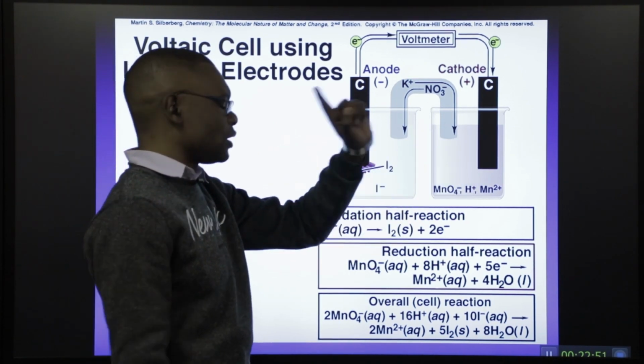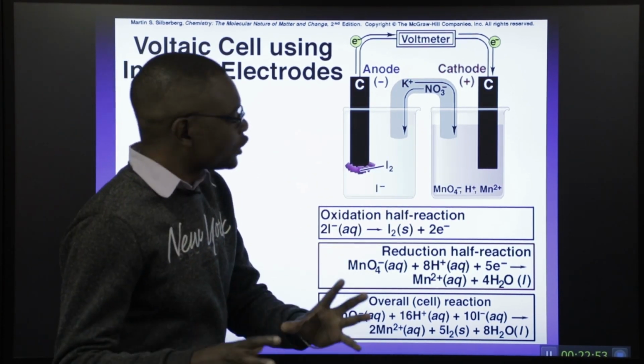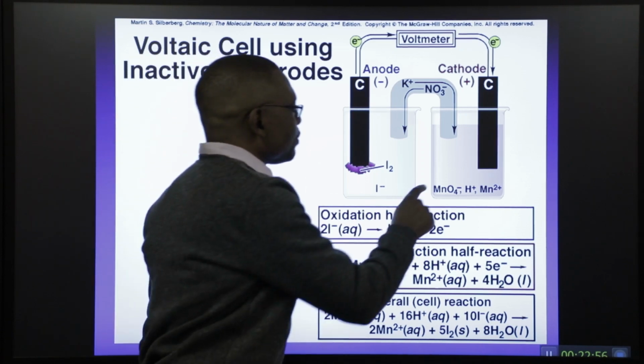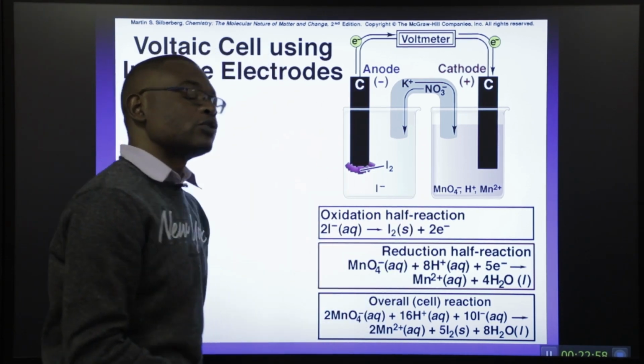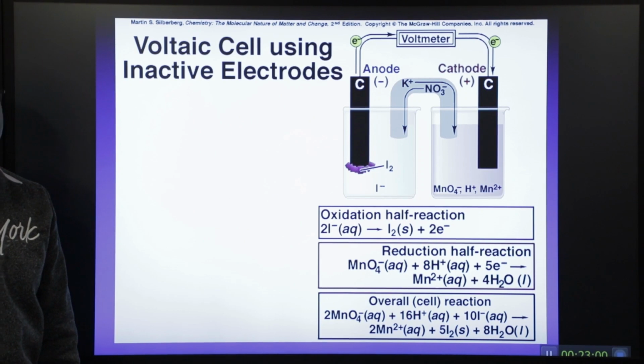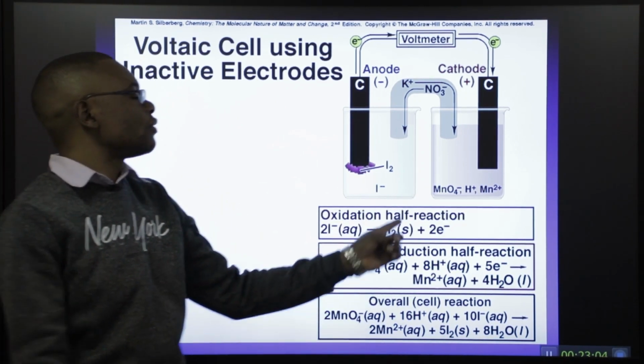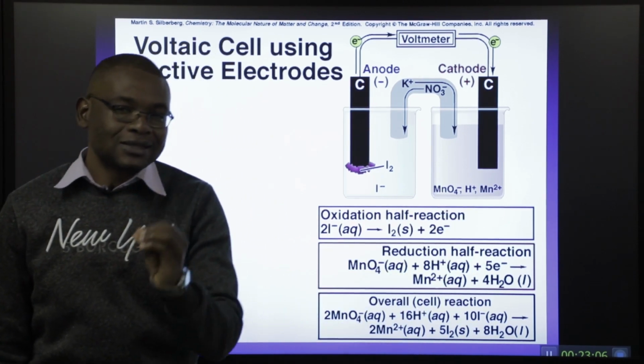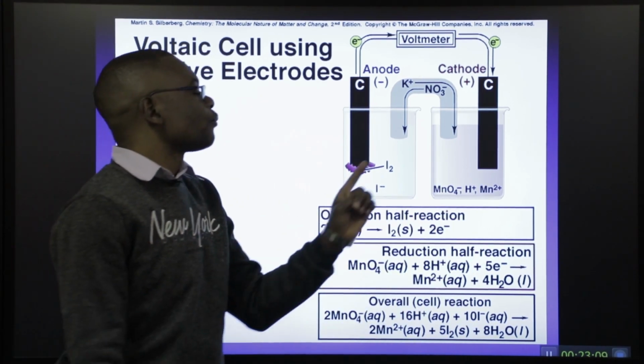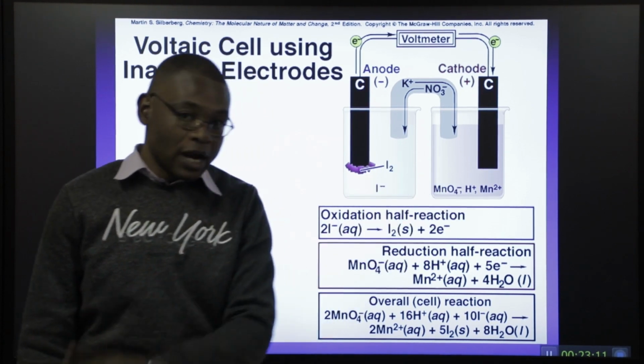So what happens at the reduction half reaction? We remember when we made some representations earlier on when we were balancing equations, we had the permanganate, manganese 7 plus, and the H plus ions.